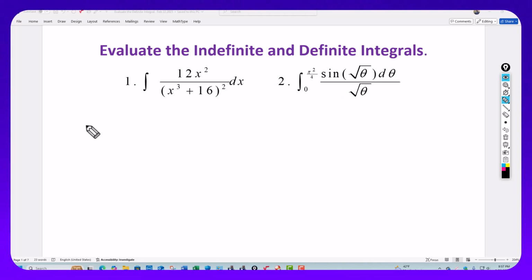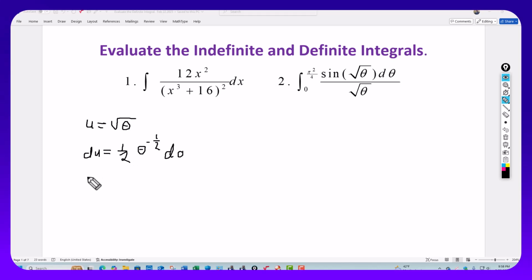So you look at this, I let u equal the square root of theta. Then du is theta to the 1/2 differentiated with respect to theta: the 1/2 comes out front, and then I subtract 1 from the 1/2 power, and I get theta to the negative 1/2. That's du.